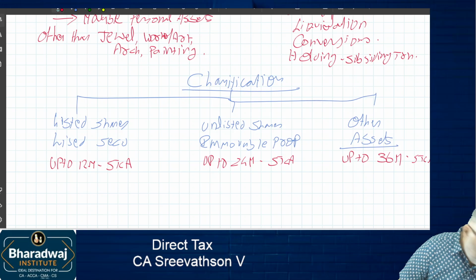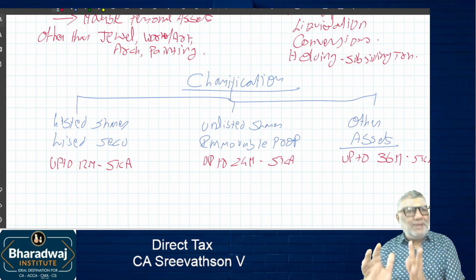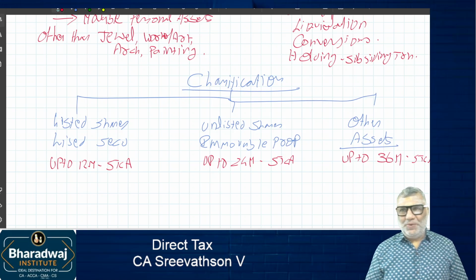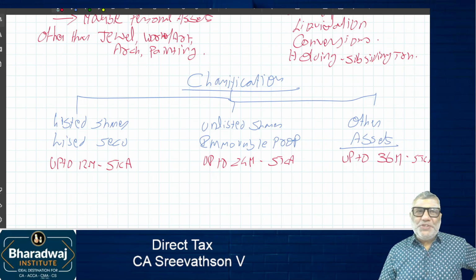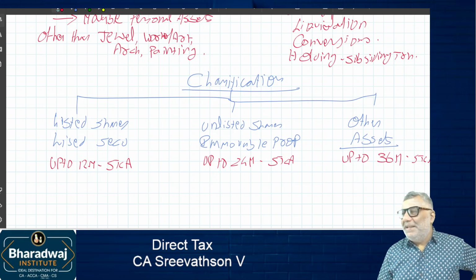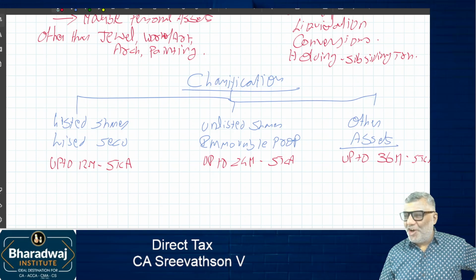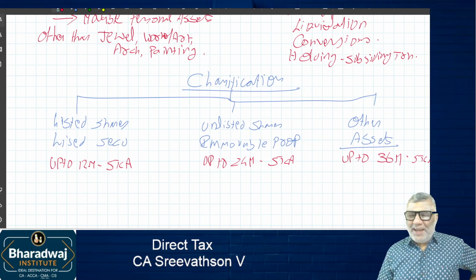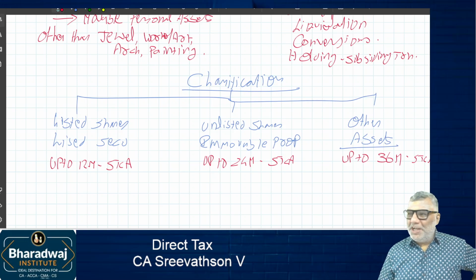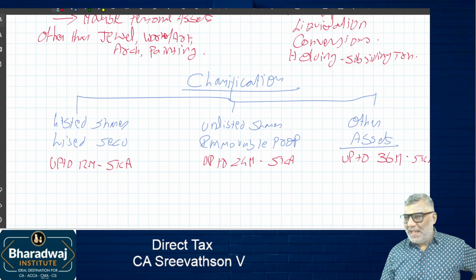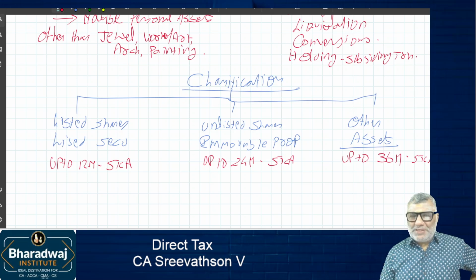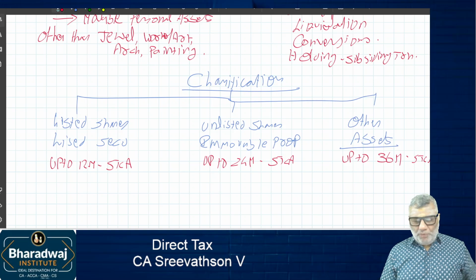One thing I feel is that the institute also will not question very deeply now on this, because the law has changed. Always the institute has one unwritten law: when the law has undergone a change, don't go into intricate provisions of that aspect. So a capital gain question will almost be a simple question this time, though we will cover everything.